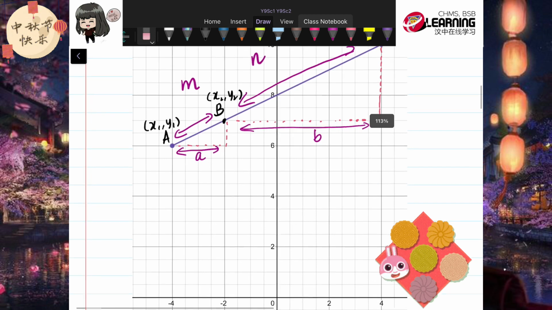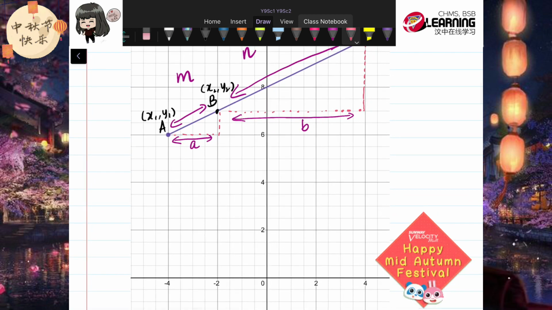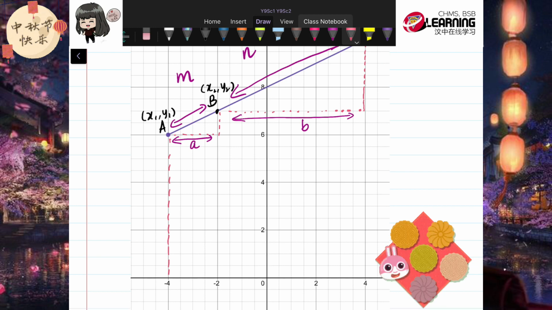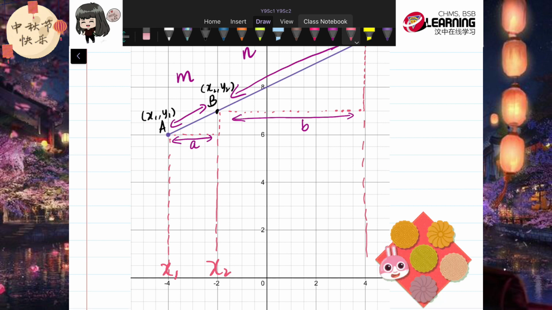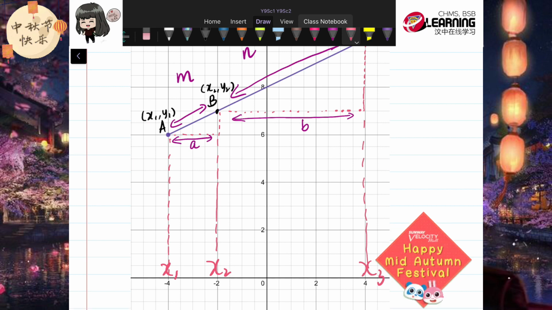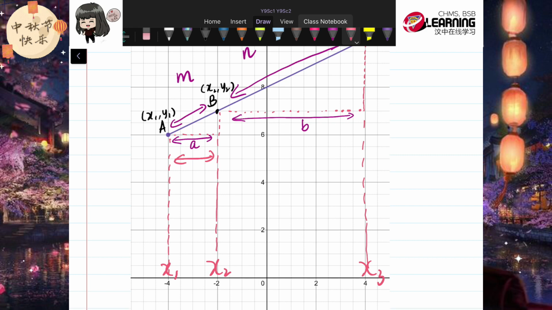So a and b here, the a here is x1, here is x2, here is x3. So the length of this small letter a is basically x2 minus x1, isn't it? And the length of this b here is x3 minus x2.